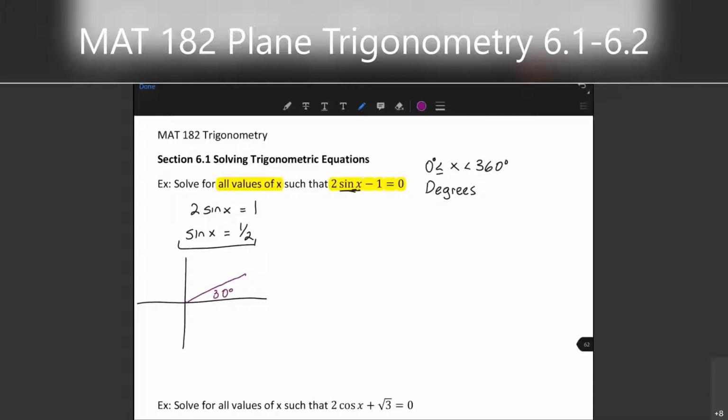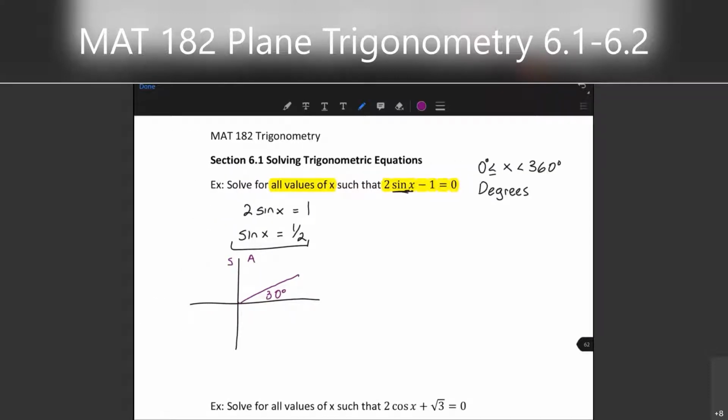What is another angle in the second quadrant that would do that as well? Because remember, the sine function is positive in both the first and the second quadrant. Not quite 135, Sorrel. Yeah, 150 degrees.